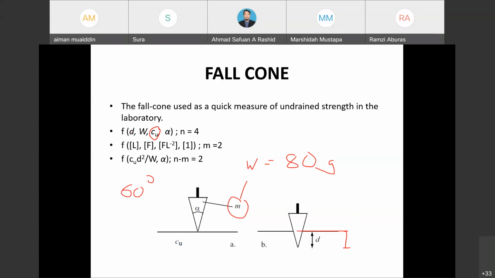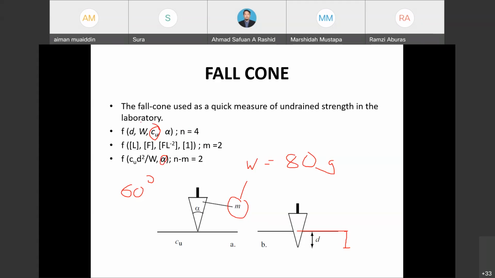So L is referred to D, weight is referred to F in kilonewton, Cu is the undrained shear strength, which is F L to the power of negative 2, while alpha doesn't have any primary dimension, so we consider it as 1. So 4 minus 2, we need to have 2 dimensionless equations. Definitely alpha is the first one.